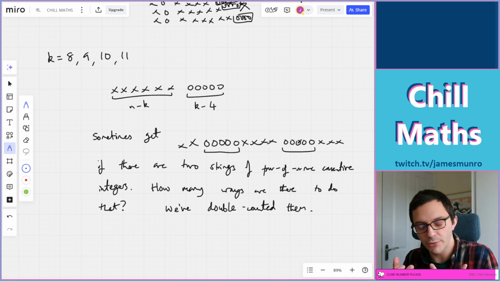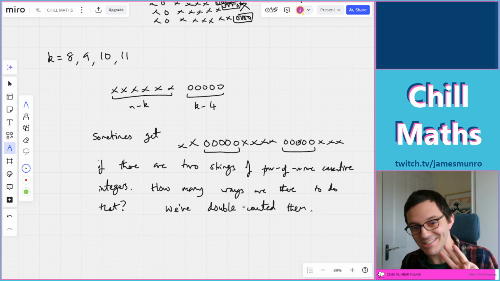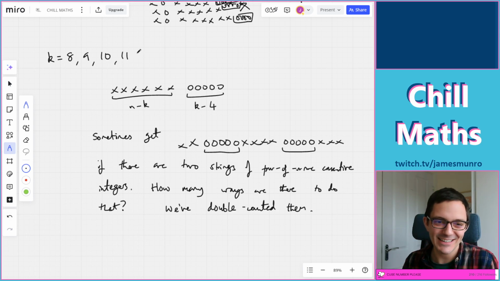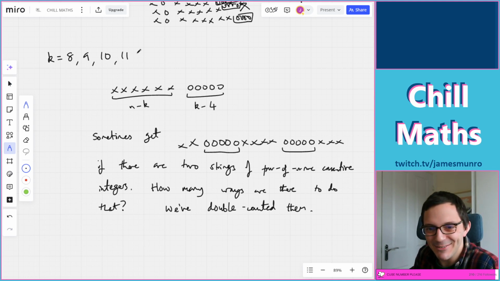There are 2 strings of 4 or more, so there's only 2 places we might have played our +4 card. There aren't 3 strings of 4 or more, because k isn't as large as 12. That's going to come back to bite me in a second when I want to talk about k equals 12. But there's maybe 2 places where we overcounted.